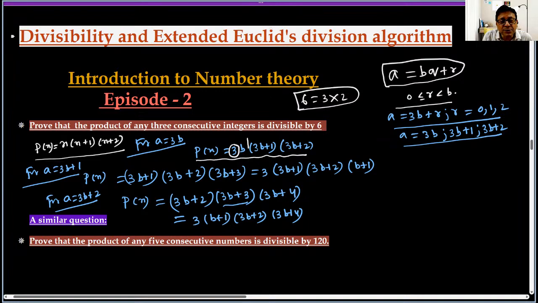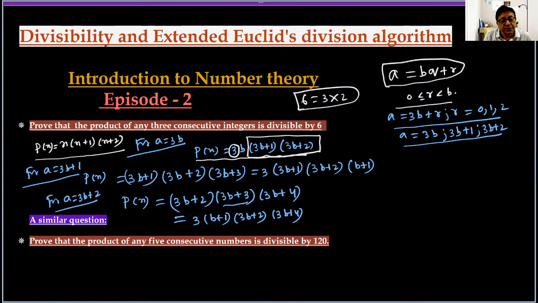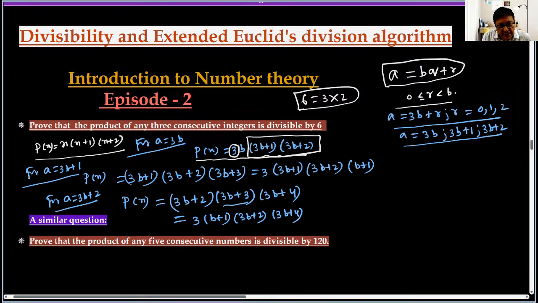This 3b plus 1 and 3b plus 2 is a product of two consecutive integers. One of them has to be divisible by 2. You agree or not? 3 is there and this is a product of two consecutive integers, so divisible by 2. So this is going to be divisible by 3 into 2.